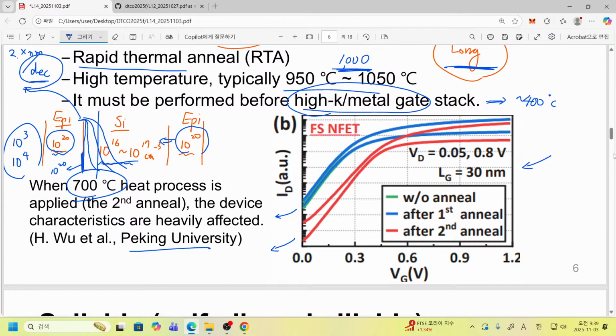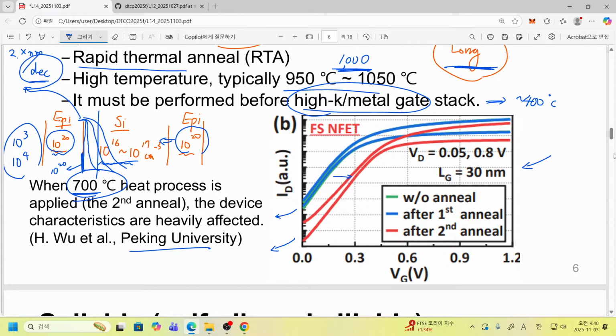But I guess the intention of the authors in showing this graph is that it is not that much affected, so they intentionally introduce a relatively low temperature, but in reality the temperature is even higher than this 700. Please have a look at the result. When we apply a 700 Celsius heat process, the blue device becomes the red device.